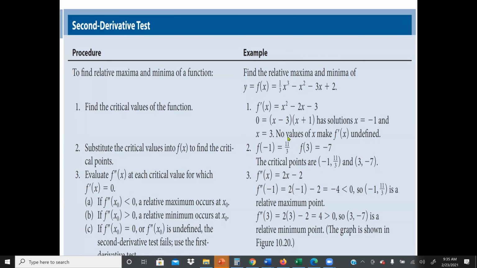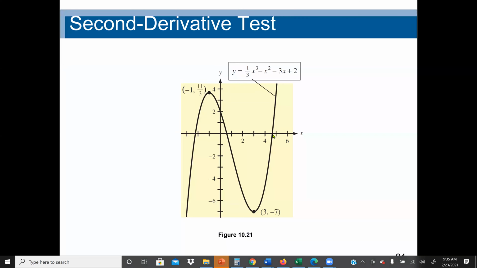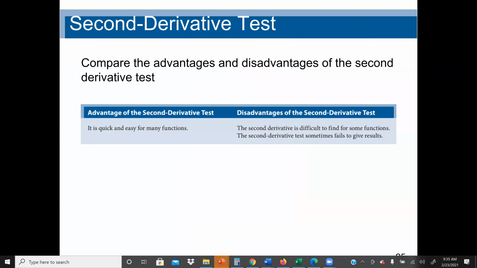Again, if you have the book, the same concept, the book also takes time to explain it. This example is straight from the book. So they say we should compare the advantages and disadvantages of the second derivative test. Well, it's very quick and easy for many functions. But we should be careful. The second derivative is difficult to find for some functions.